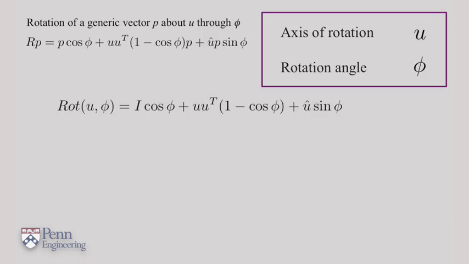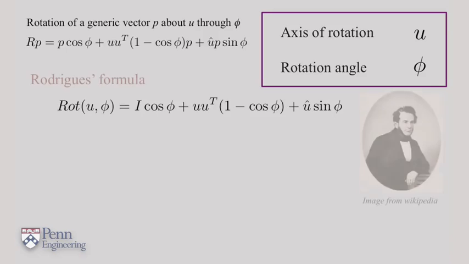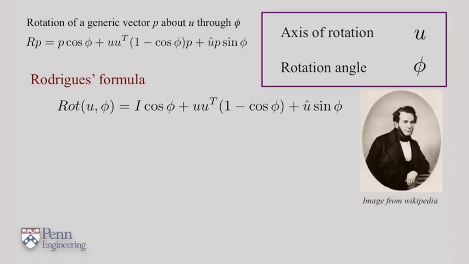And this is the rotation matrix. It consists of three terms. One is the identity times cosine phi. The second is u u transpose (1 minus cosine phi). And the third is u hat times sine phi, where u hat is a skew-symmetric 3×3 matrix. So this formula is due to Rodrigues, and it's called Rodrigues' formula.